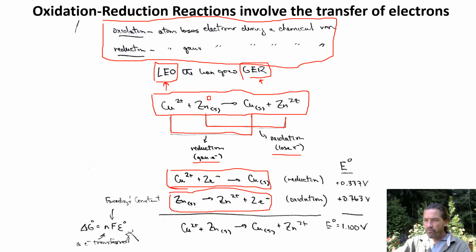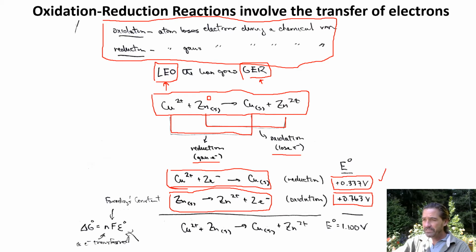So as we go forward, we can actually assign numbers, voltages, to these reactions. These voltages help us understand, as written, either as oxidation or reduction, whether or not the process, the loss or gain of electrons, is favorable.